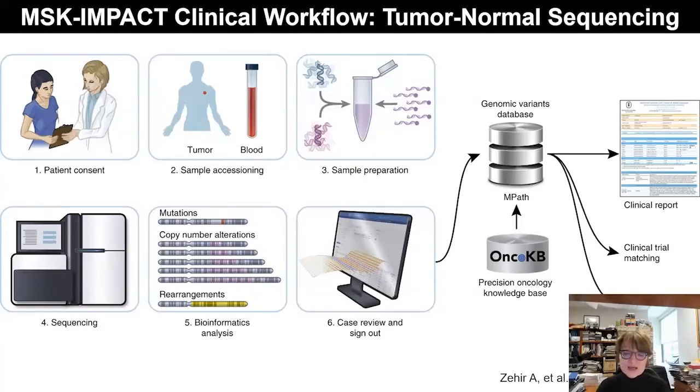Then the results are ready to be reviewed by the molecular attending and the bioinformatician. Once the list of mutations is generated, it is cross-referenced to make sure that only or mainly the mutations that are known to be pathogenic and oncogenic in cancer are listed in a clinical report.